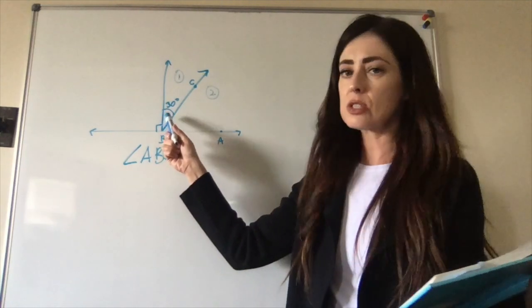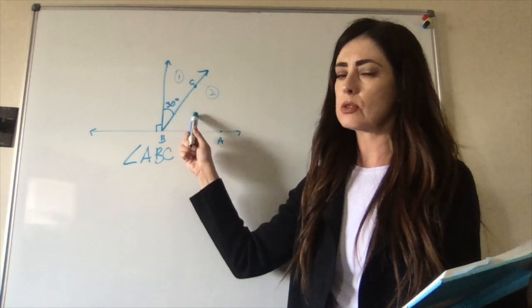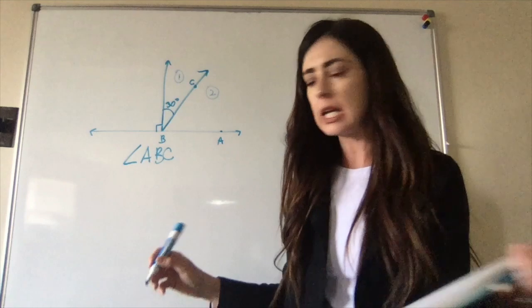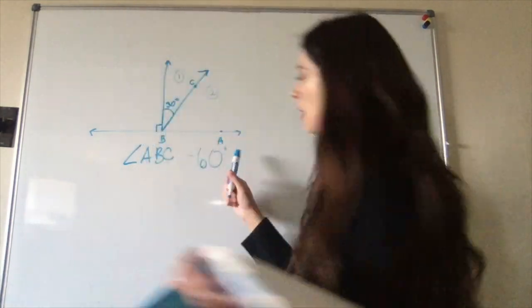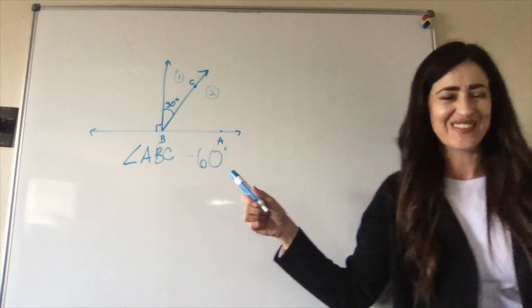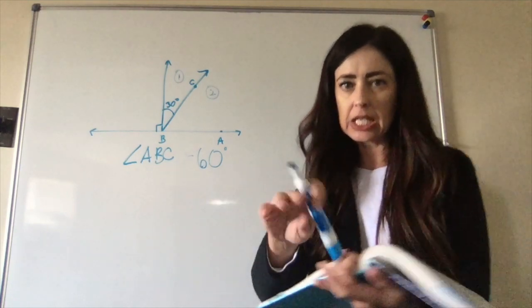So if this is 30, what's angle 2 going to be? If angle 1 is 30, what's angle 2? Well, if together they're 90, we take 90, we subtract 30, and we find that this is 60 degrees. Now remember, degrees is that little tiny bubble thing after the number, okay? So we know it has to be 60 degrees.